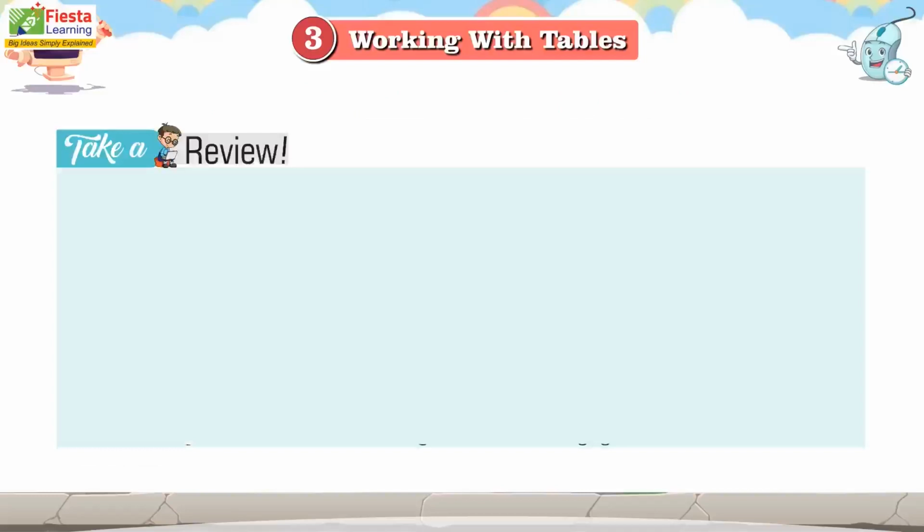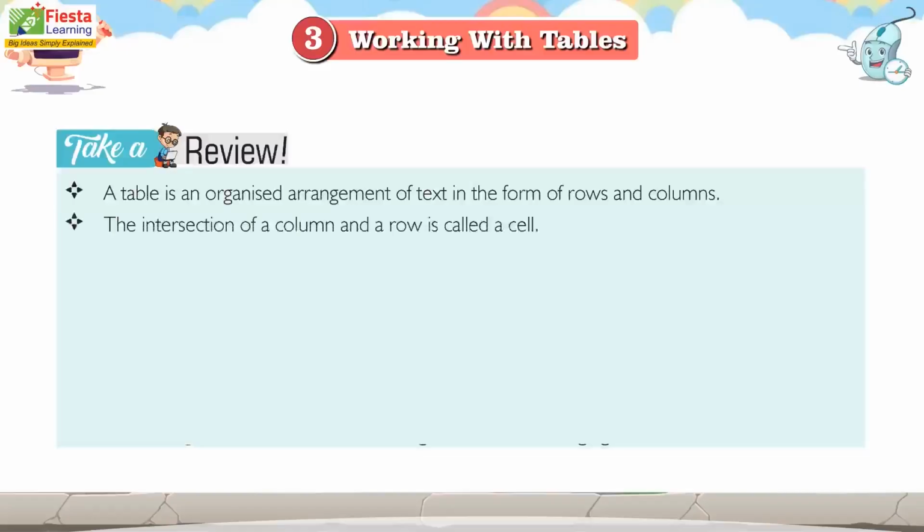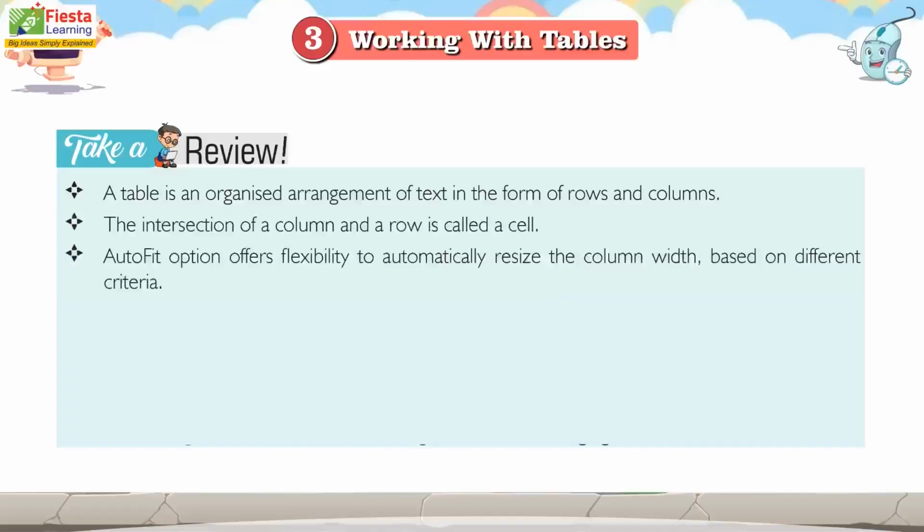Take a review. A table is an organized arrangement of text in the form of rows and columns. The intersection of a column and a row is called a cell. The AutoFit option offers flexibility to automatically resize the column width based on different criteria.